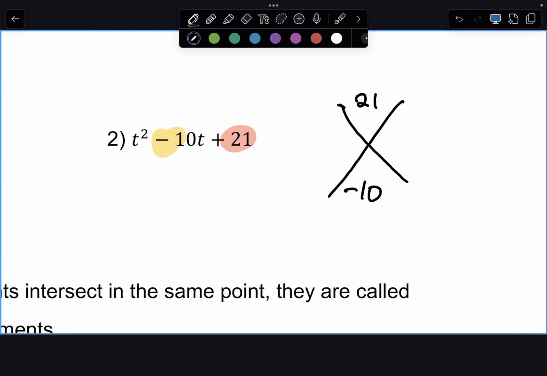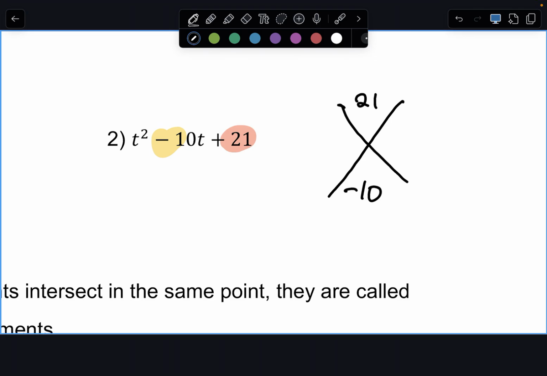Let's look at 21. What multiplies into 21? I can only really think of one number or 2 numbers. 7 and 3. Which one of those, one, neither, both, need to be negative to add to a negative 10 but still multiply to a positive?